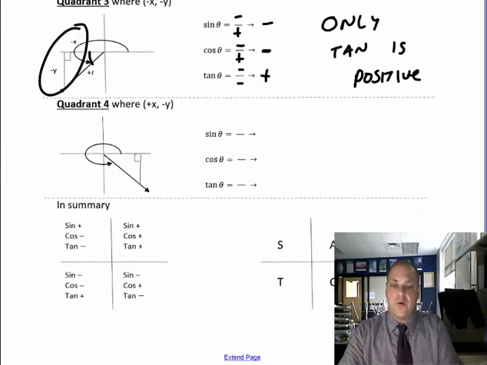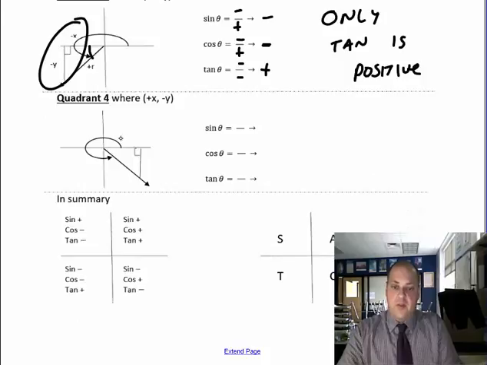And then you go to quadrant 4. We've got to fill them all in. It's a positive x and it's a negative y. R is always positive. So opposite, here's our reference angle right here. Opposite is negative, hypotenuse is positive. Negative, positive gives you a negative. Cosine is positive, positive, which is positive.